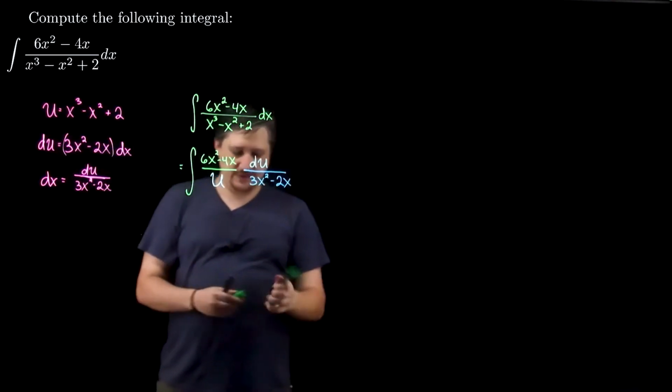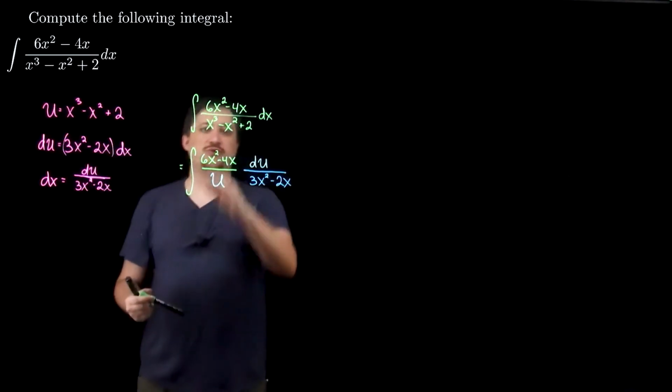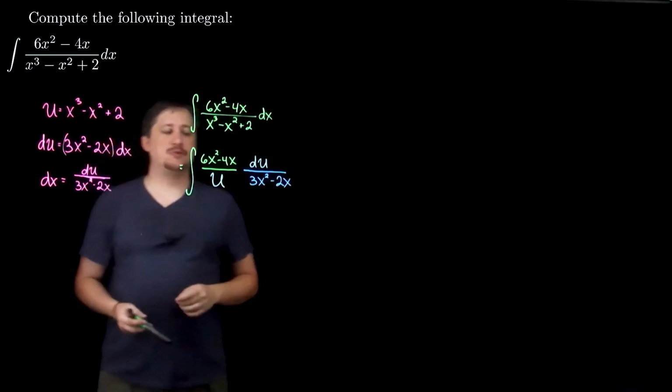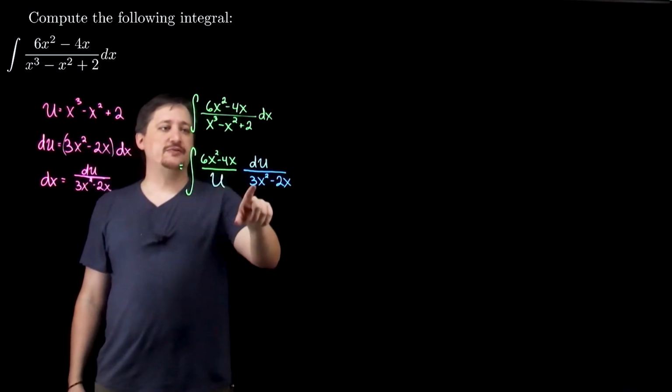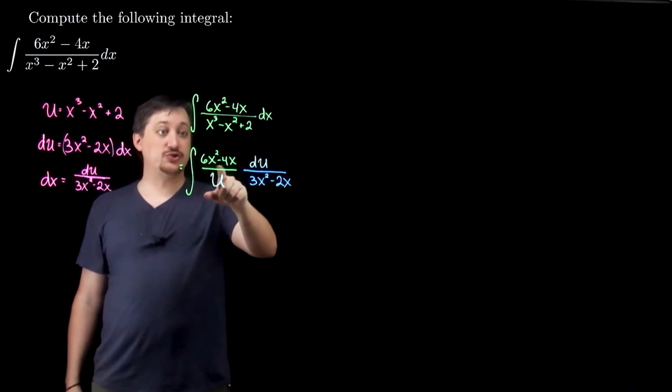Now looking at this, I can't quite just cross them out. They're not the same, right? But they're very, very close. And in fact, when I look at this, I say, okay, 6x squared minus 4x, 3x squared minus 2x, this is actually twice as big.